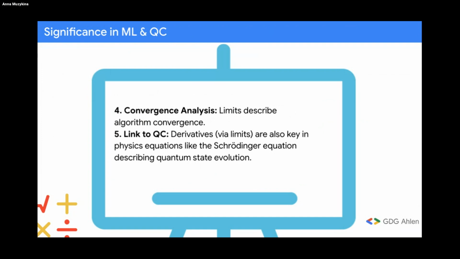Derivatives defined via limits are also central to physics equations governing quantum systems, like the Schrödinger equation, which describes how quantum states evolve. Limits underpin the mathematics of change, optimization, and dynamics in both AI and quantum computing.